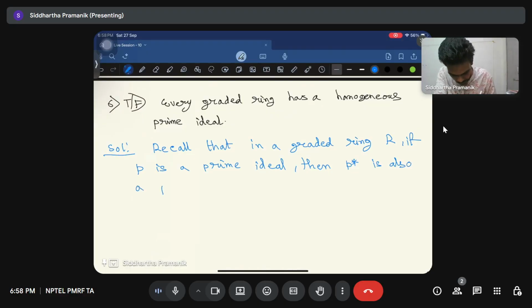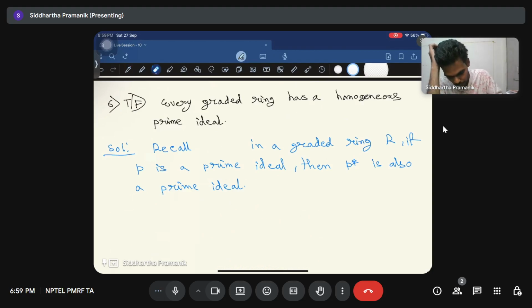This is something we have seen in the lectures. If an ideal is prime, then its largest homogeneous ideal inside that ideal is also prime. So this is one fact. So this is the first thing.